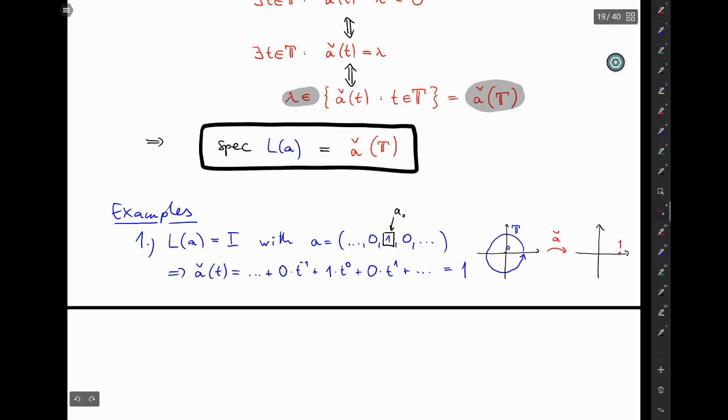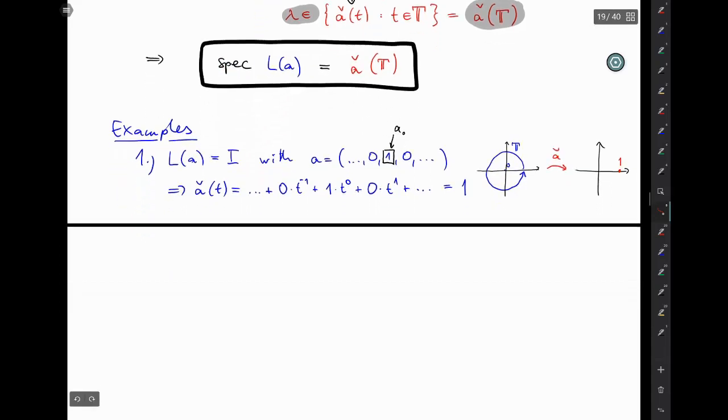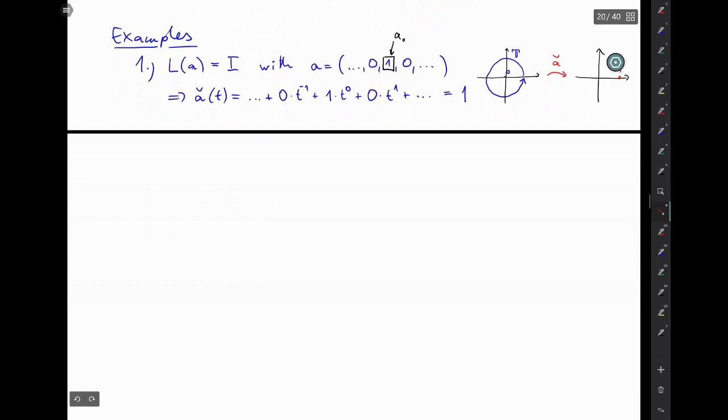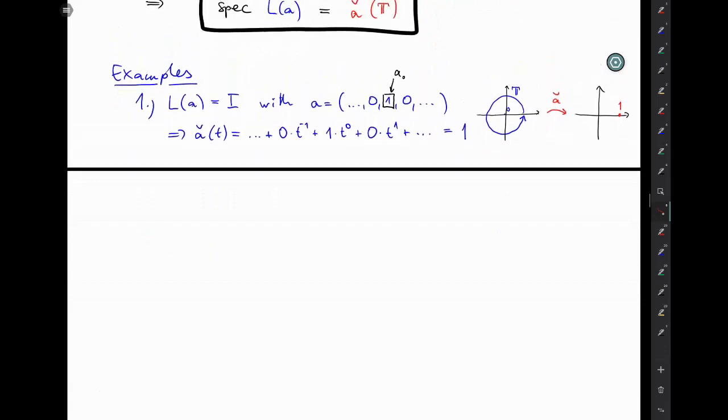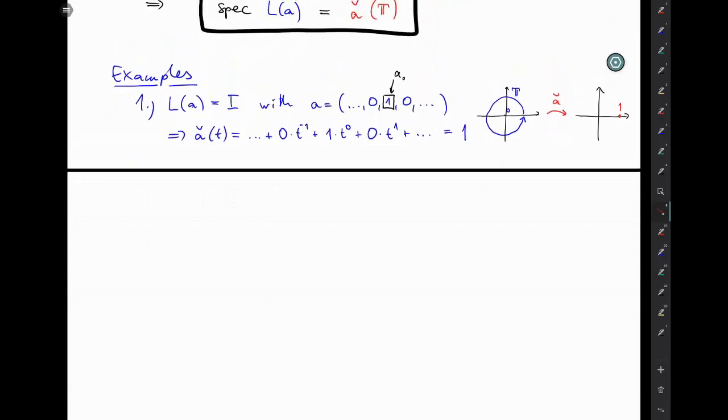So the image of that function is the set of just the point 1, and that's the spectrum. So the spectrum of the identity operator is the set consisting of just the point 1, and also that is not a big surprise. Well, let's look at the other examples. Maybe they are a bit more substantial.